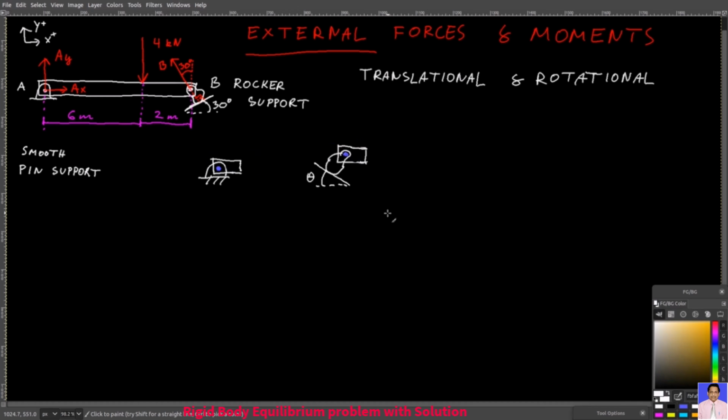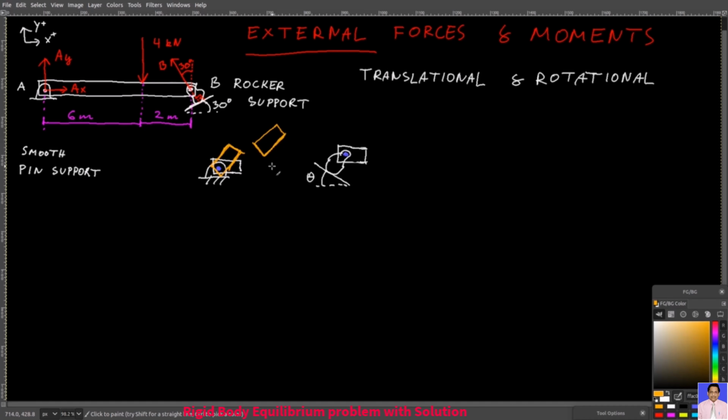However, if you look at the smooth pin here, then you can imagine that it restricts translation in all directions. This support is fixed to the ground. You can rotate something about the pin, but you cannot change the location of this pin. You cannot just take this element and translate it here.